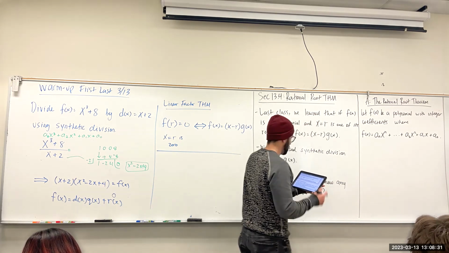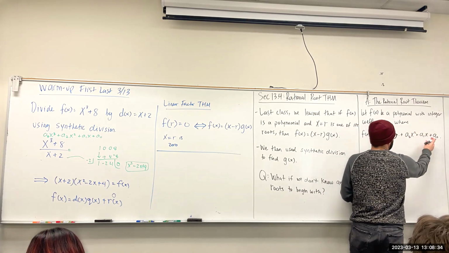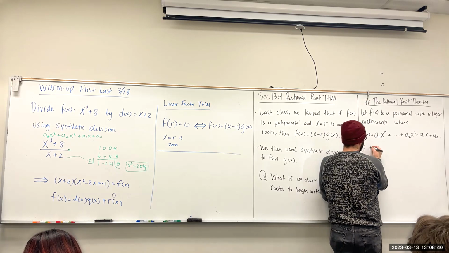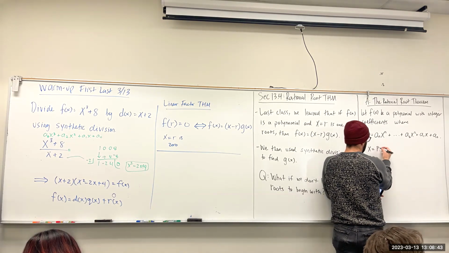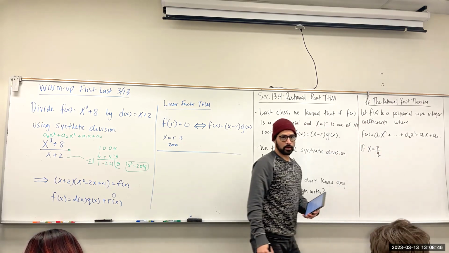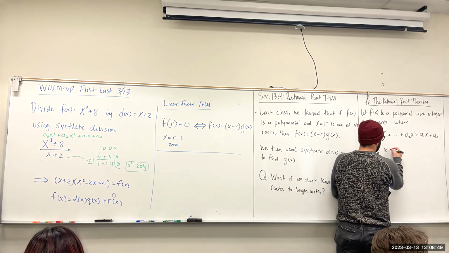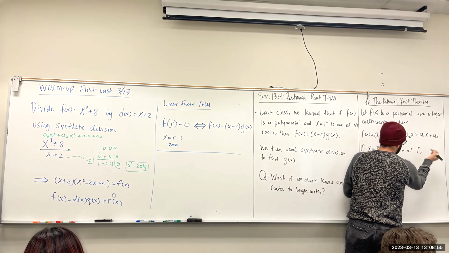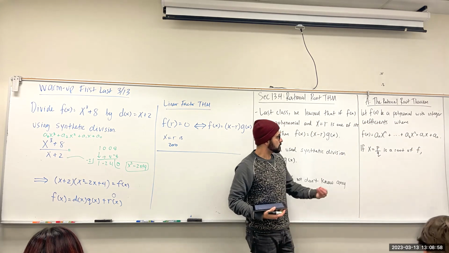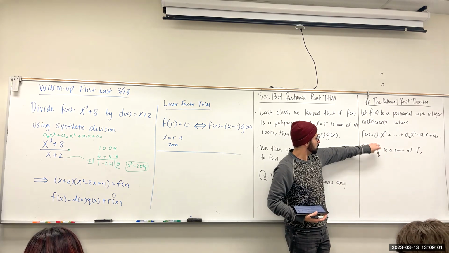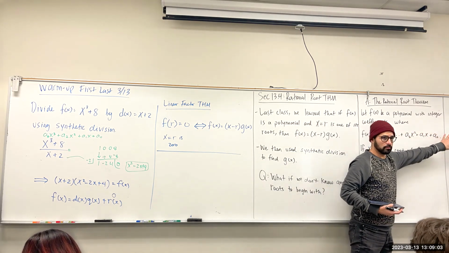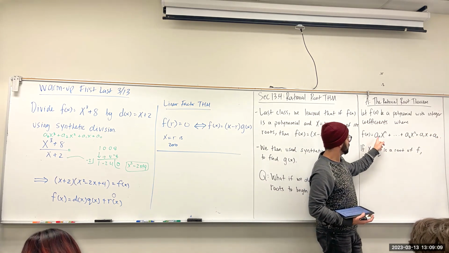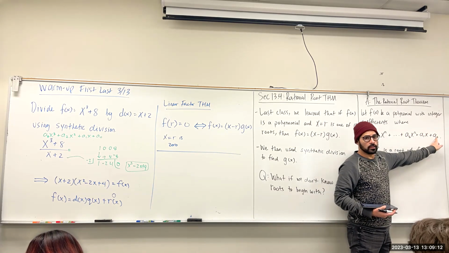Okay. So let's say we have a polynomial where the coefficients are integers. Then if a fraction p over q is a root of f, meaning you plug it in and it makes the whole thing 0, then there is a relationship between the numerator, the denominator, the leading coefficient and the constant number.